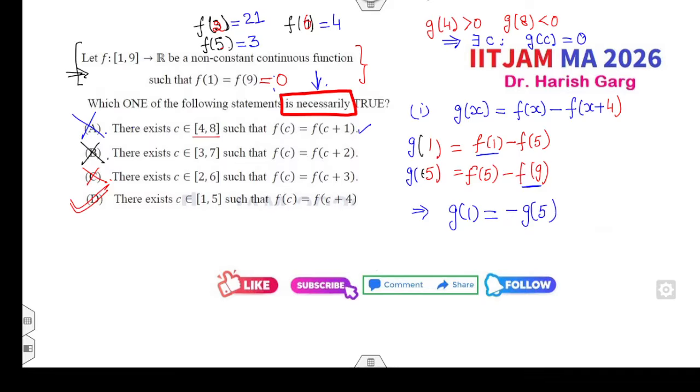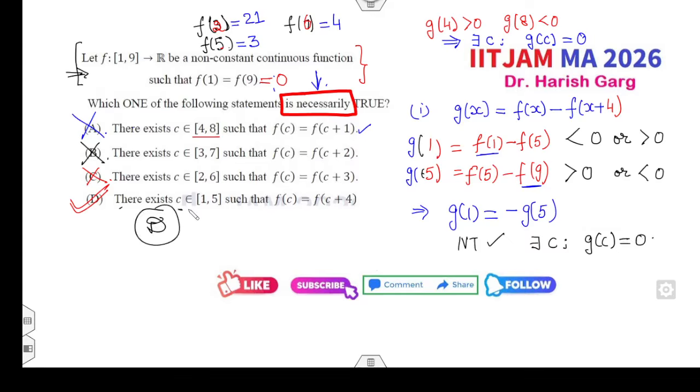So what is the meaning? अगर g5 आपका पॉजिटिव है तो g1 must be negative, or vice versa. If g1 is positive, then g5 is negative. So yes, the IVT theorem is applicable. So there exists a c such that g of c must be 0. So the right answer is D, that is the correct answer of the problem.